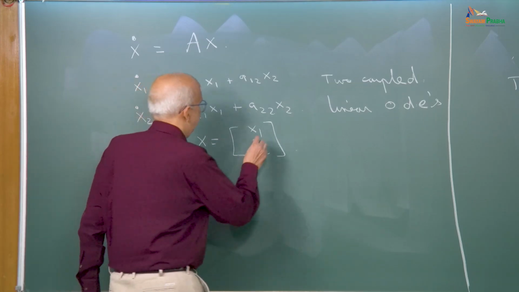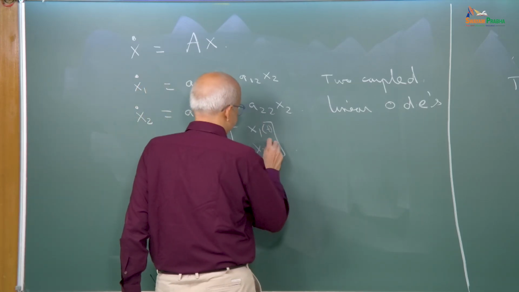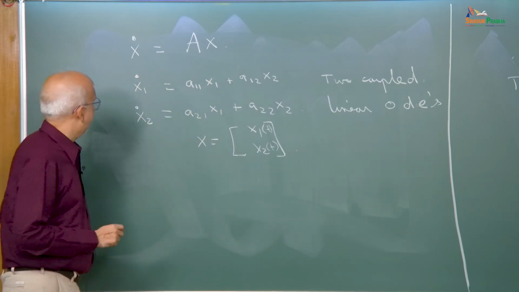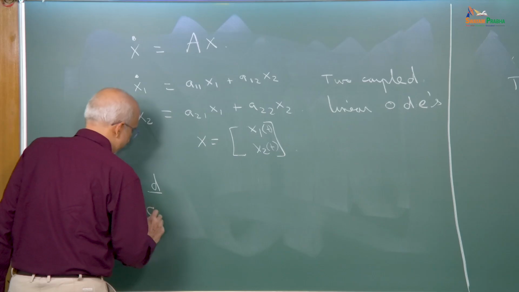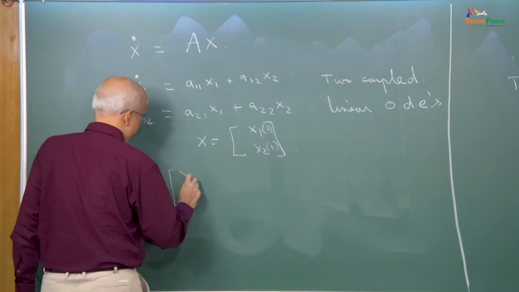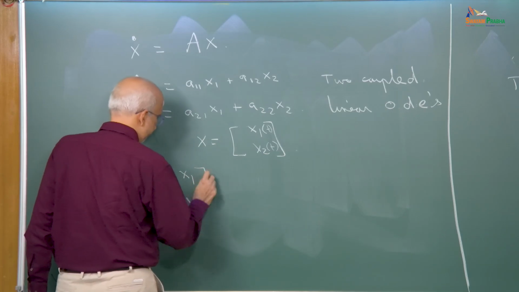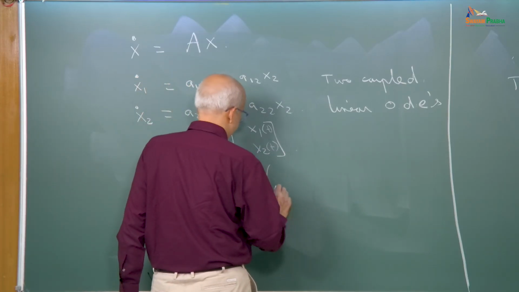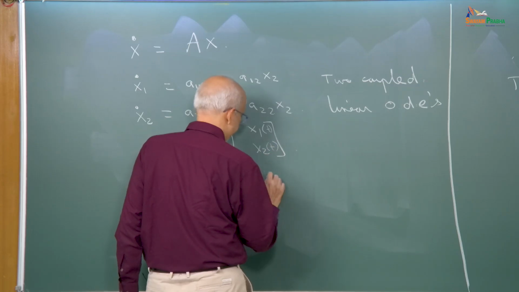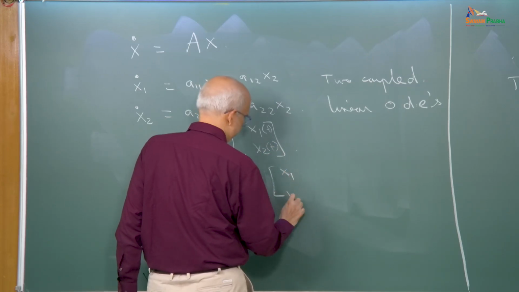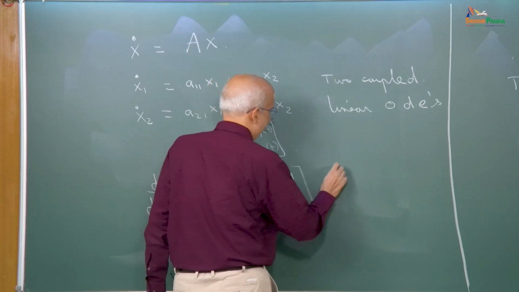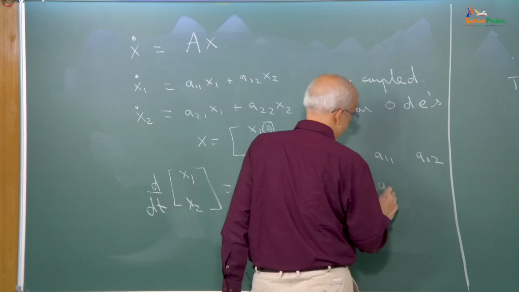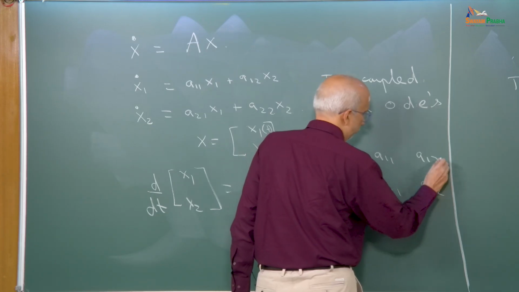And I can write this as d/dt of x1, x2 equals A times x, where x is x1, x2, and A, remember, is a11 a12 a21 a22.